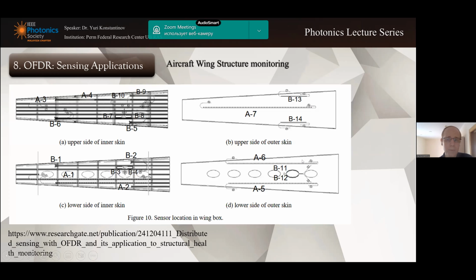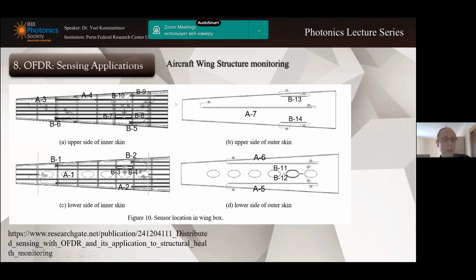And they used the fiber and they put it in these lines, and they marked these sections to let them know what section of fiber has been inserted at every location of the wing.